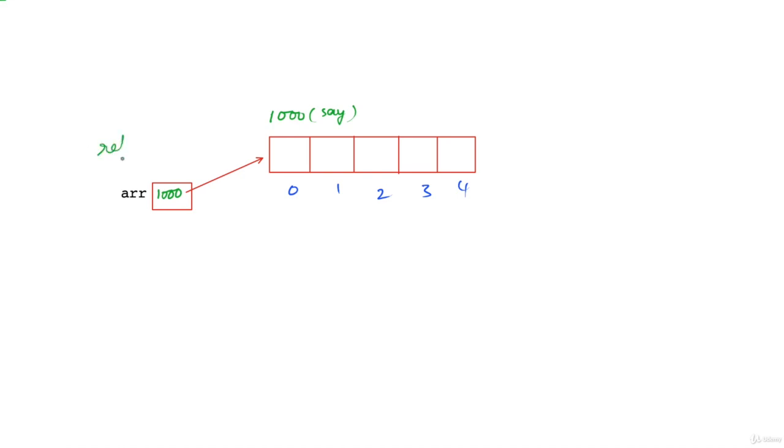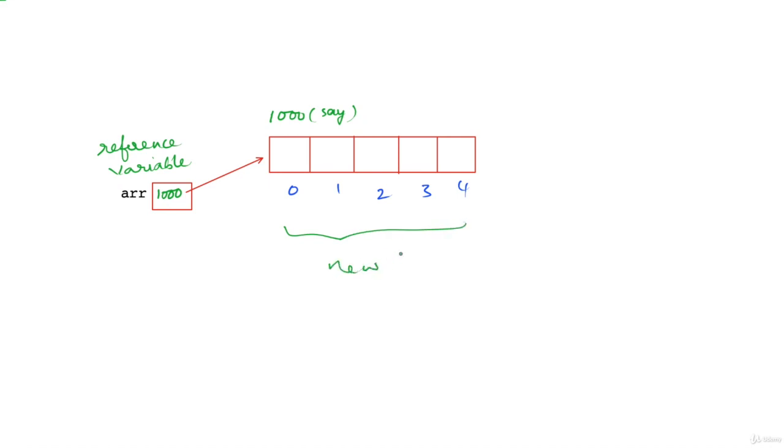Okay, so a reference variable is nothing but a pointer, a variable that holds the address. When I say integer variable, it is a variable that holds an integer, right? So a reference variable is a variable that holds the reference, which is nothing but an address. Now this memory is allocated using the new operator.